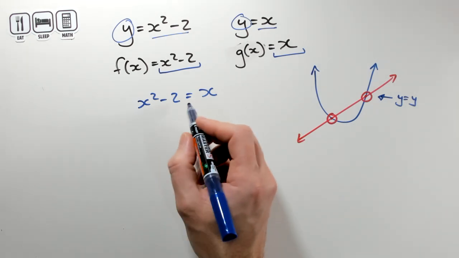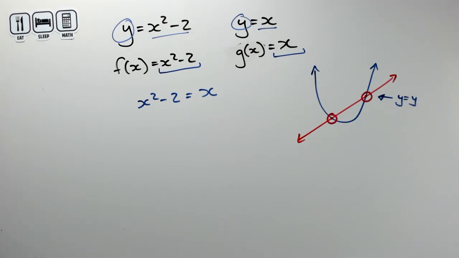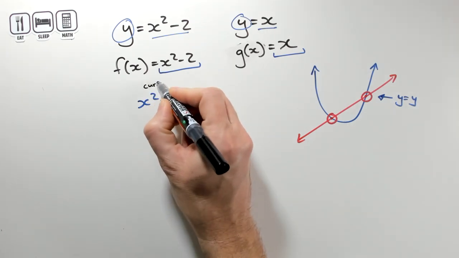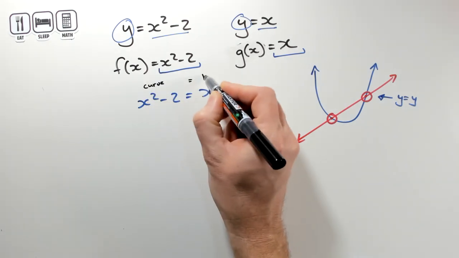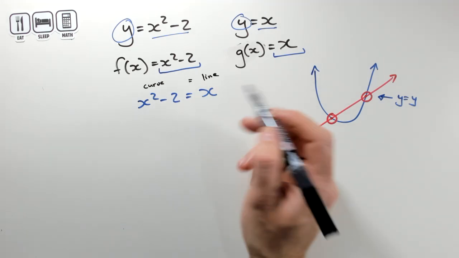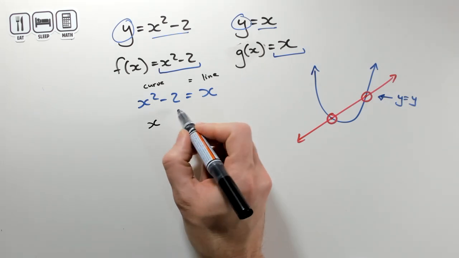This is a quadratic equation, so I'll put everything over to one side. And this is a very important step. You're going to have to think about this in steps. Step 1 is to put the one equation, this is my curve, and equal it to my line. The second step is moving the curve and the line, everything together, to one side, because that's usually what I do with a quadratic equation.